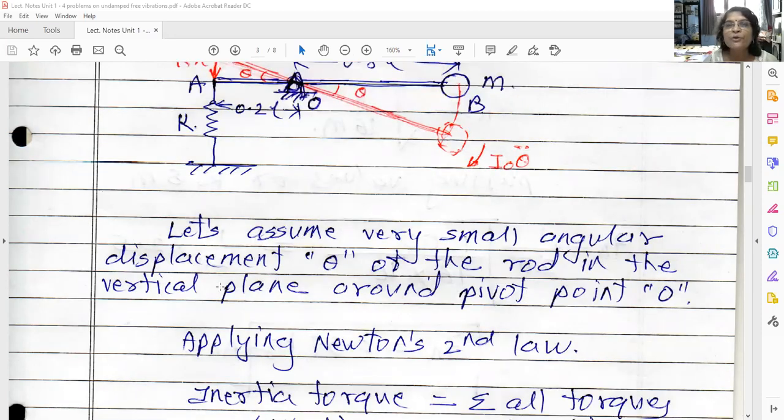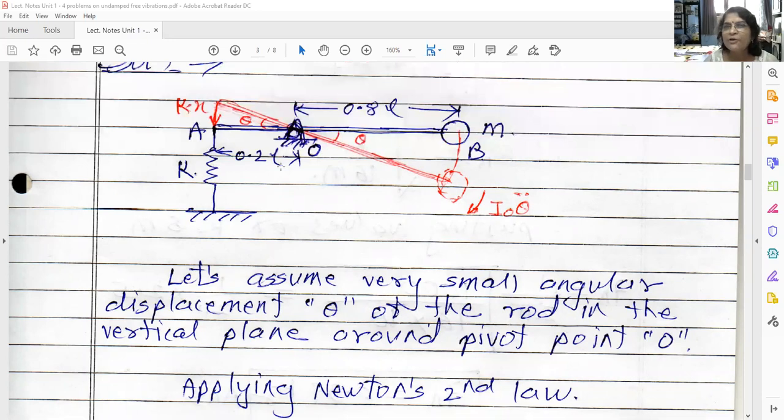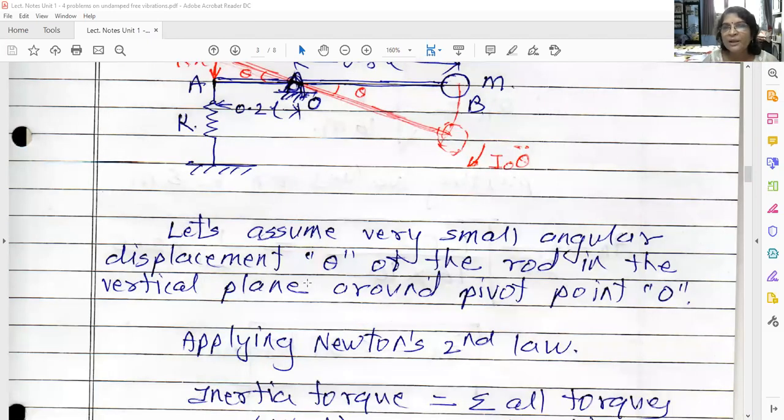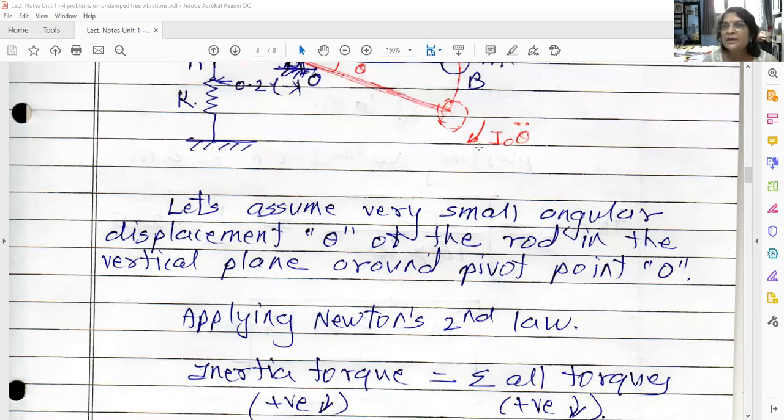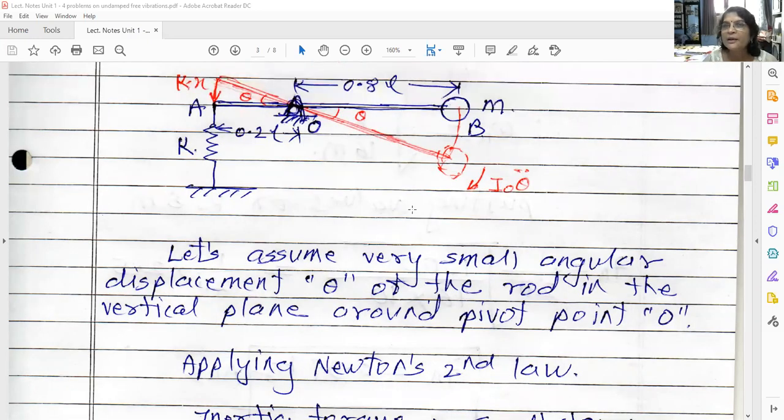Now you have to apply Newton's second law. You have to follow the regular process which we have followed in the earlier problems. So how will you write down Newton's second law? Inertia torque is equal to the summation of all the torques. You have to assume a sign convention. As inertia torque here is in the clockwise direction, we are going to assume clockwise direction as positive.